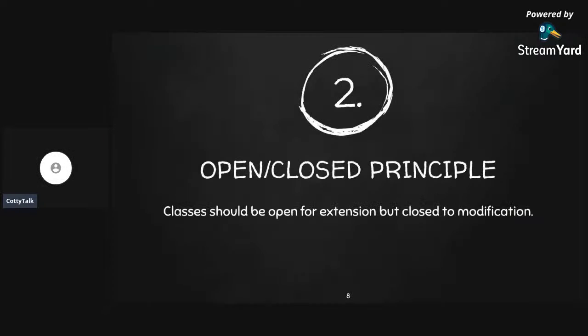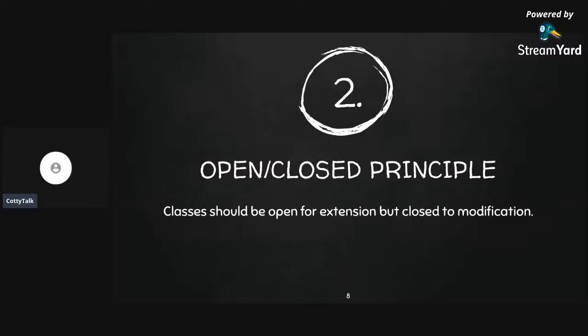In my written code, I had to change the state of the class when I'm using the class. I mean, this one was against it, doesn't it? So let me know. Open closed: open for extension, closed for modification.